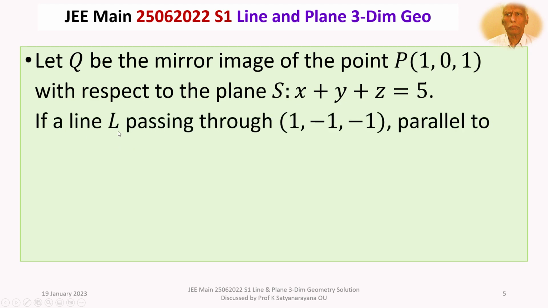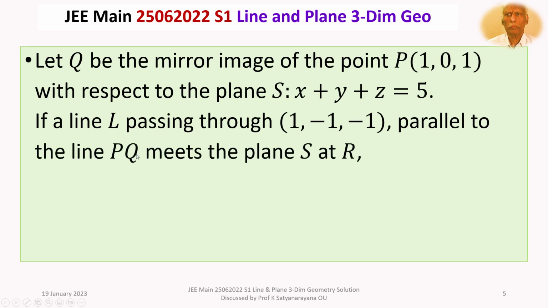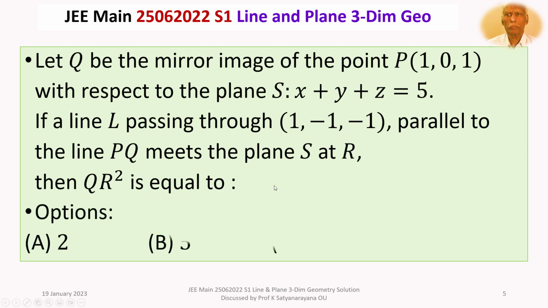If a line L passing through the point with coordinates 1, minus 1, minus 1 parallel to the line PQ meets the plane S at the point R, then QR square is equal to. The four options are given to us. Option A 2, option B 5, option C 7, option D 11.